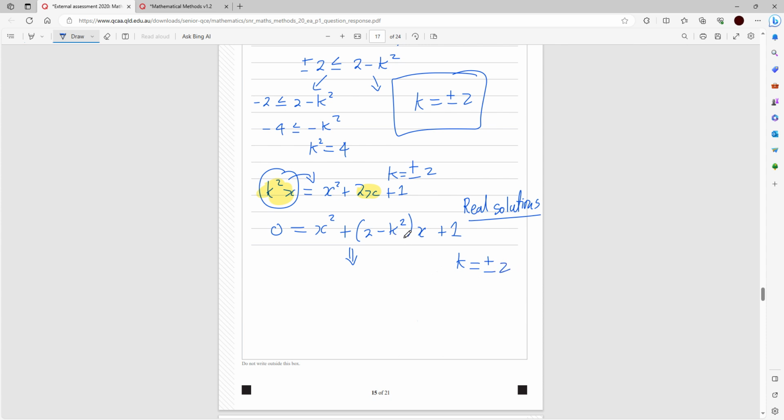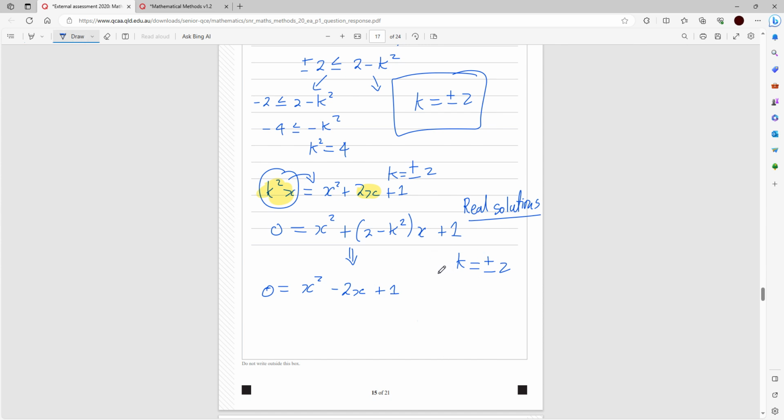But here you can see the k gets squared, so it doesn't matter where plus or minus goes in, it's still going to end up being 4. So what you're going to have is x squared is equal to 2 minus 4. So that's going to be minus 2x plus 1. Actually, that's going to be, yeah, that'll be that.